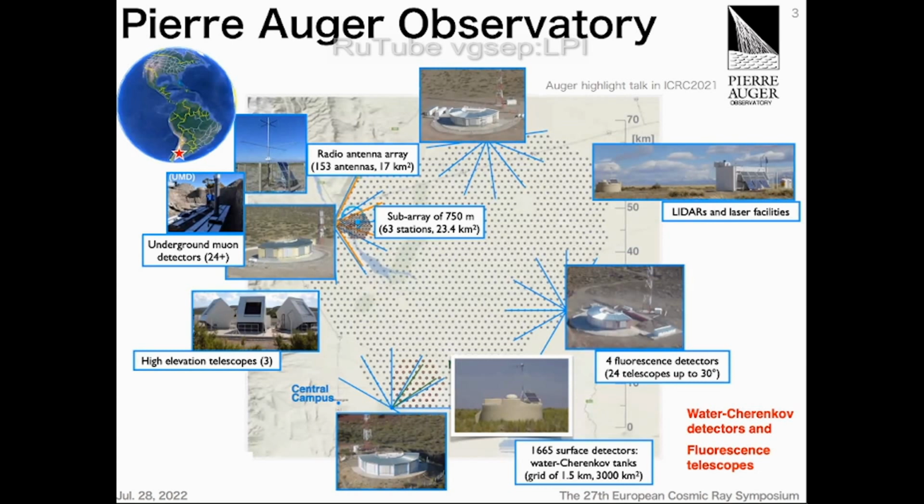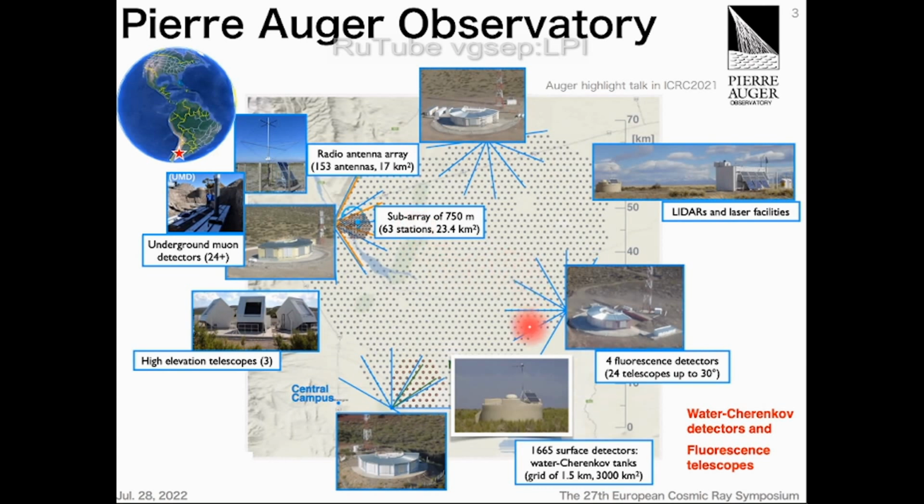This is the Pierre Auger Observatory map, observing cosmic rays in Argentina. They have 1,600 surface detectors, water Cherenkov detectors, in a triangular array configuration with 1.5 kilometer spacing, and the total coverage of the surface detector array is 3,000 square kilometers.